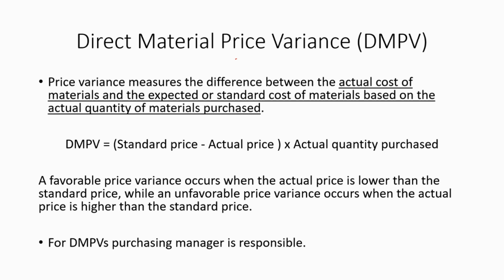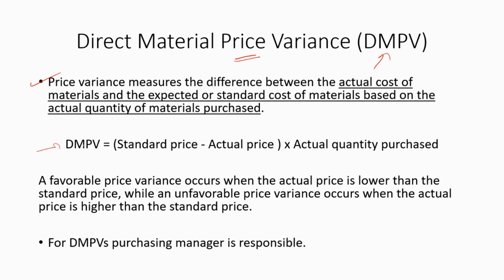Direct material price variance, denoted by DMPV. Direct material price variance measures the difference between the actual cost of materials and the expected or standard cost of materials based on the actual quantity of materials purchased.